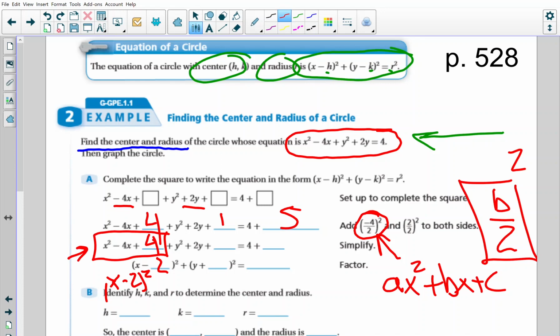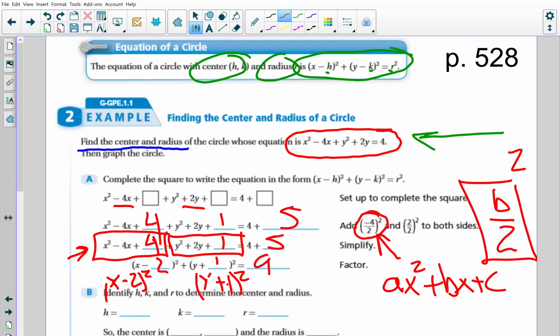Same thing over here. This was a 1, so this has to be 1. y plus 1 squared is equal to y squared plus 2y plus 1. 4 plus 5 is 9.